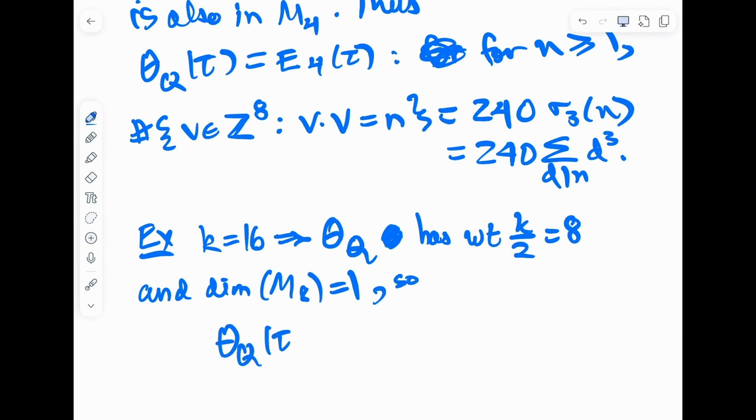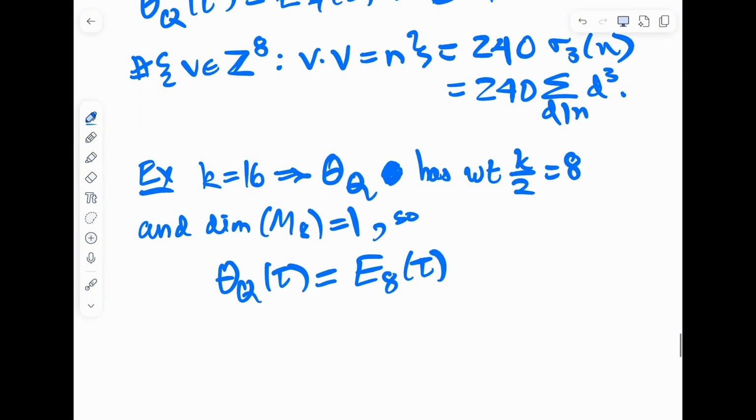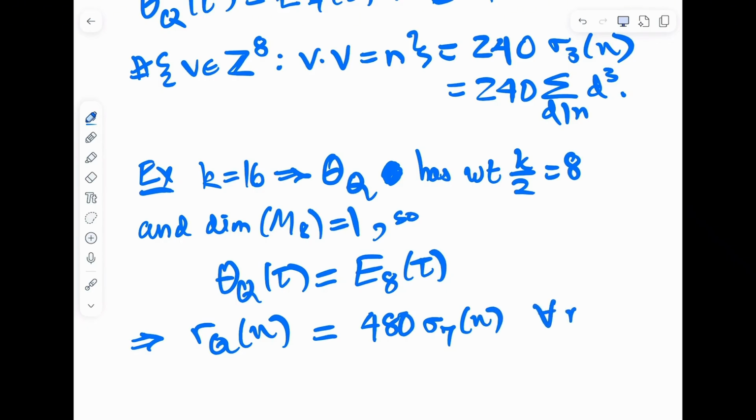So the theta series has to be the normalized Eisenstein series because they share the same constant term. And so the representation numbers for that quadratic form have to be the coefficients of the weight 8 Eisenstein series, which turn out to be 480 times sigma 7. This is the sum of the divisors to the 7th power. The 480 just turns out to be a common term in all these factors.